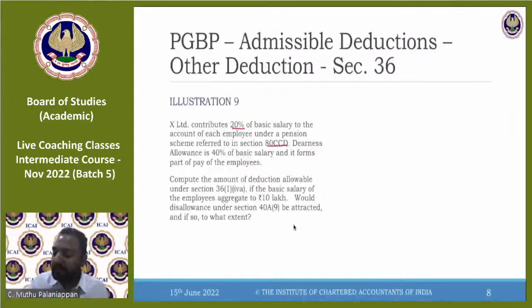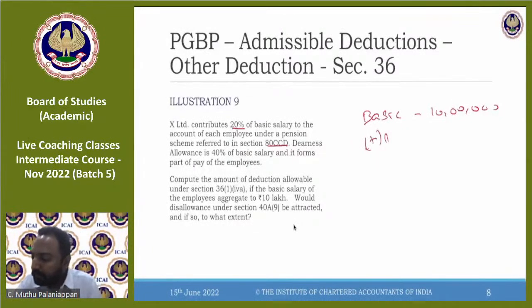So what is eligible? First we'll have to calculate what is the actual salary for the purpose of this. So basic is how much? 10 lakhs. Plus DA. DA is 40% of that, so it is 4 lakhs.